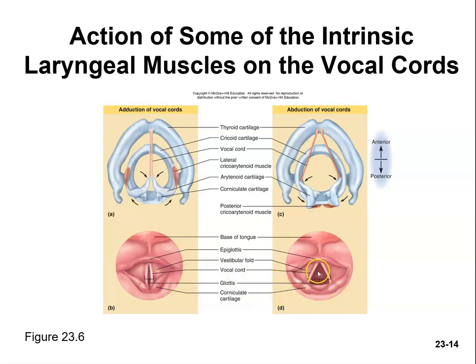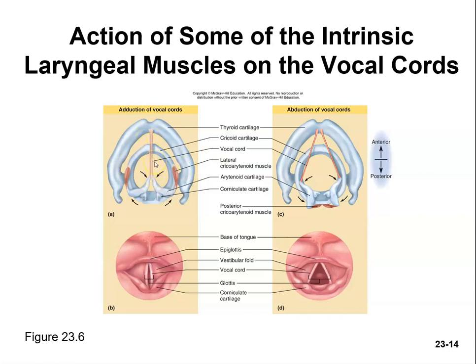So the ability to adjust the tension on this is what makes Mariah Carey so good, and she can pretty much crack glass with her voice, right? So again, just to reiterate, here's the thyroid cartilage, here's the cricoid cartilage, here's your vocal cord that will open and close, shorten and tighten, depending on the pitch.